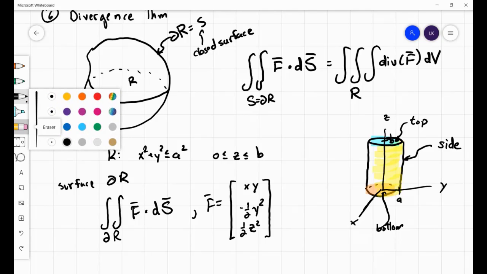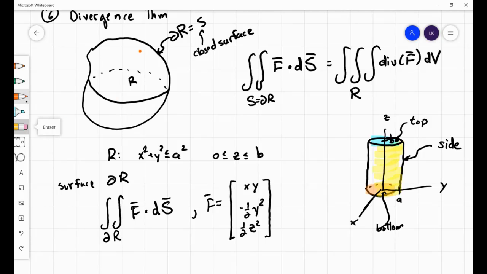And I should mention this right now because I forgot. In a surface, you have a normal vector associated, normal to the surface. And to use the divergence theorem here, the normal has to be outward pointing. It has to point away from the surface.